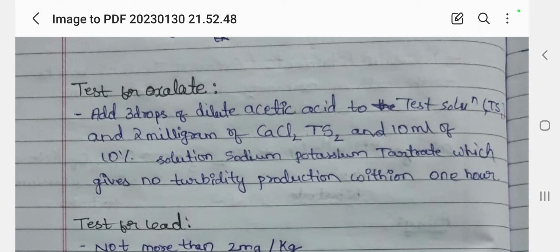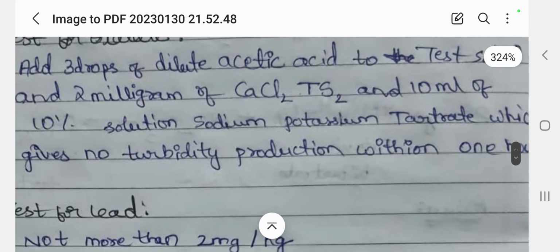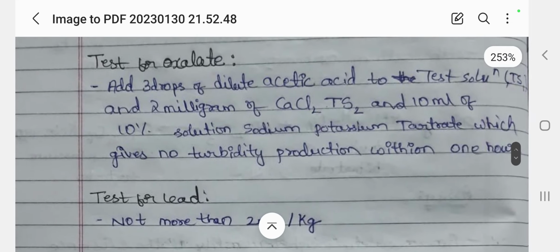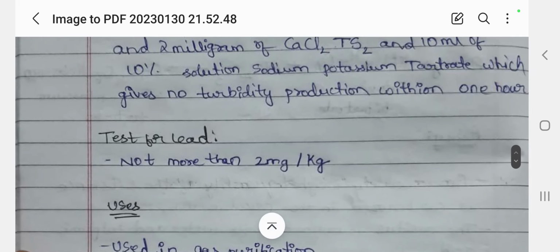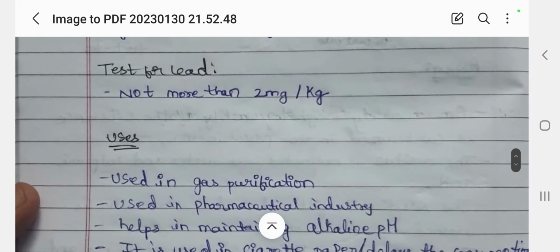Add 3 drops of dilute acetic acid to the test solution, and 2 milligram of calcium chloride, with 10 ml of 10% solution of sodium potassium tartrate, which gives no turbidity within 1 hour. This gives clarity that there is no oxalate present as an impurity. Next, test for lead also, not more than 2 milligram per kilogram.